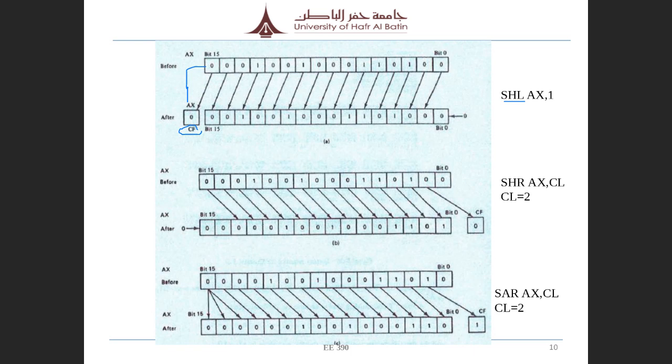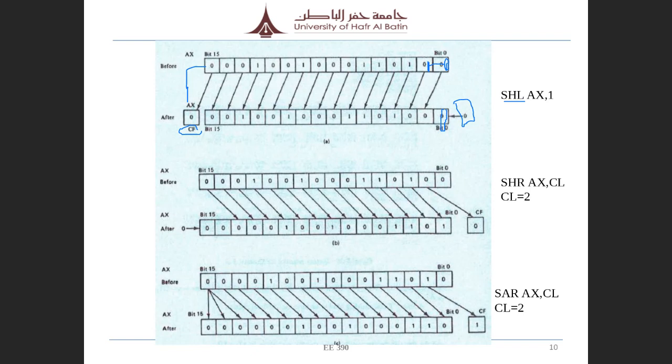But what about this empty bit? Because this 0 is shifted here, and this 0 is shifted here. The empty bit will be filled up with 0. That means during the logical shift operation, the value will definitely be changed, and the number of 1s and 0s is changed because the empty bit is filled with 0 by default.